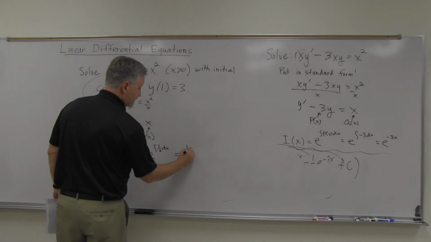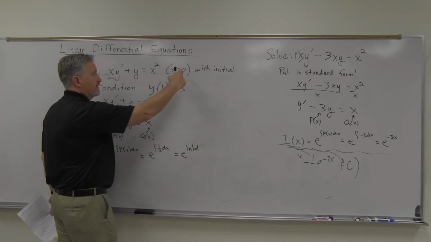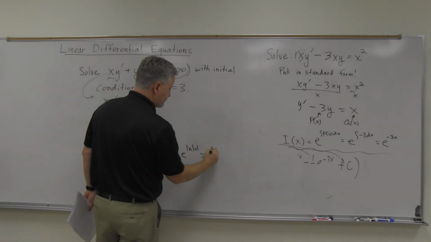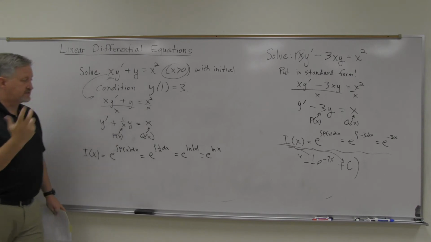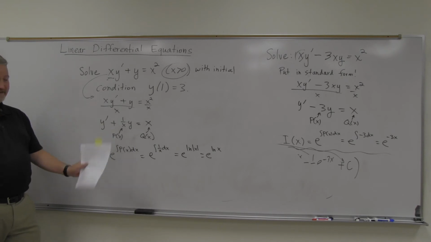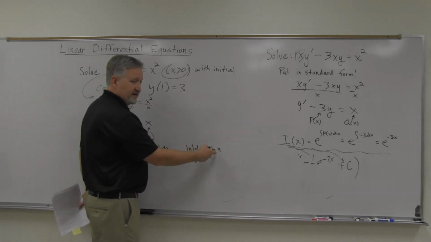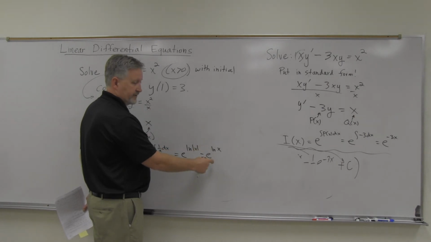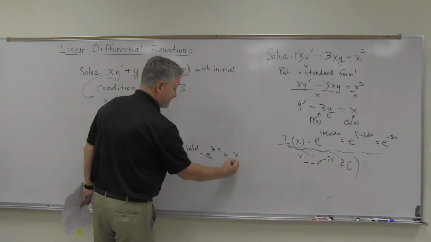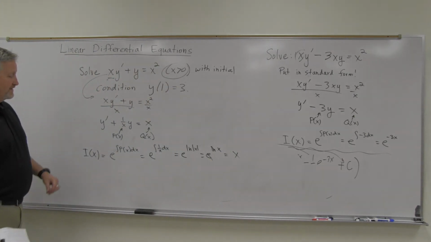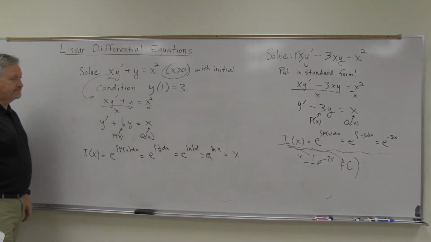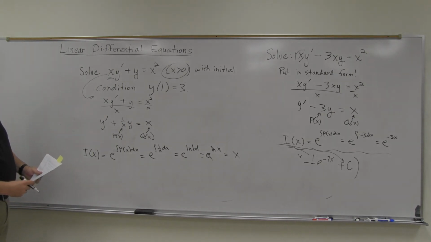However, we put this x must be greater than 0 on it, and so the absolute values are not necessary because it is already greater than 0. So it's e to the ln of x. However, e to an ln, those are inverse operations, if you will. Those just cancel out. And so this one nicely, the I of x is just x. So we don't even have e involved in this one as far as the I of x is concerned. Is that okay?